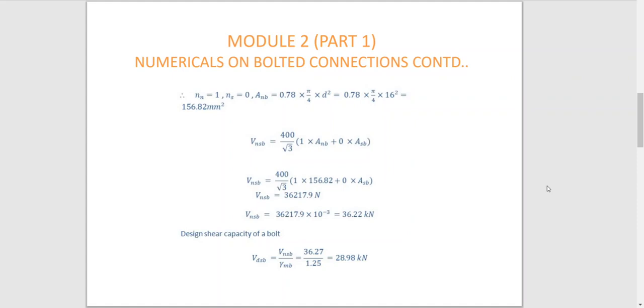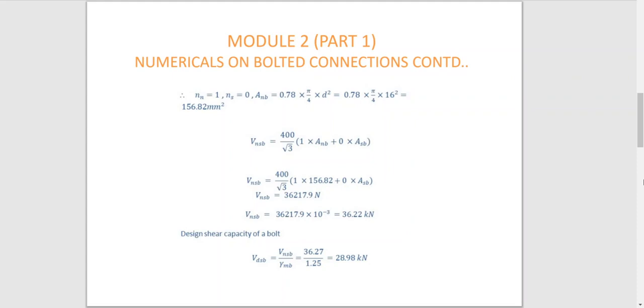Anb is equal to 0.78 times pi by 4 into d square. Substituting the diameter of the bolt, we get Anb as 156.82 mm square. Substitute this value in the formula: Vnsb is equal to 400 divided by root 3, 1 into Anb, plus as ns is 0, 0 into Asb. So Vnsb we get is 36217.9 Newton.